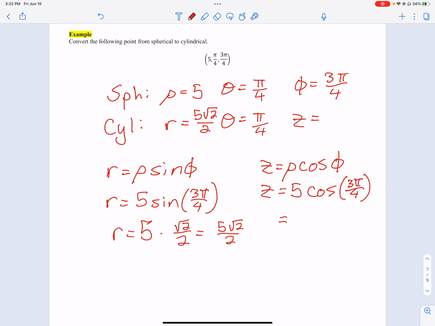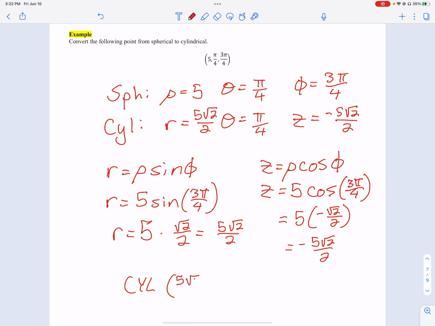Well, cosine is going to be to the left, because that's x. So this is actually going to be a negative root 2 over 2, which means my answer is negative 5 root 2 over 2 for my z. So my answer in cylindrical is 5 root 2 over 2, pi over 4, and negative 5 root 2 over 2.